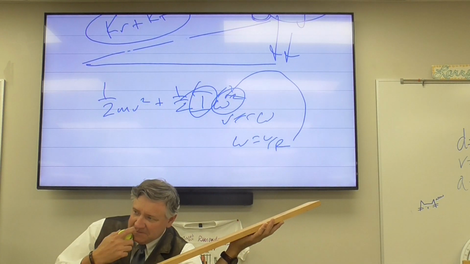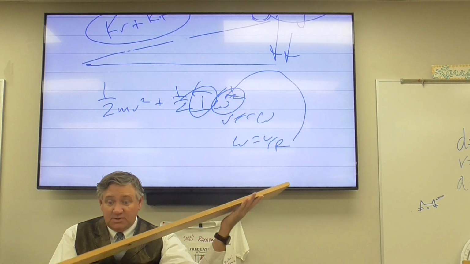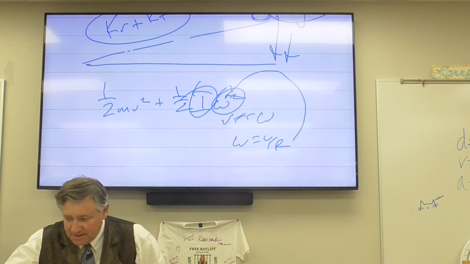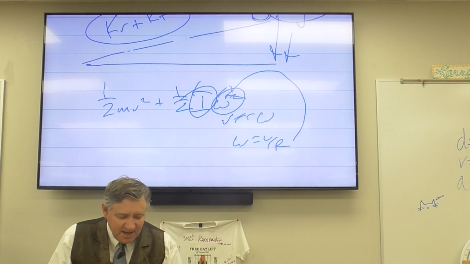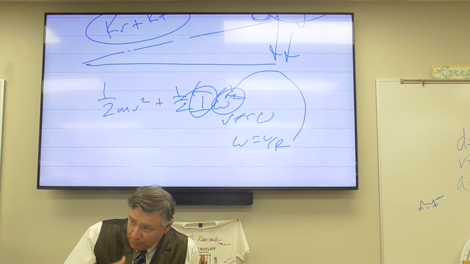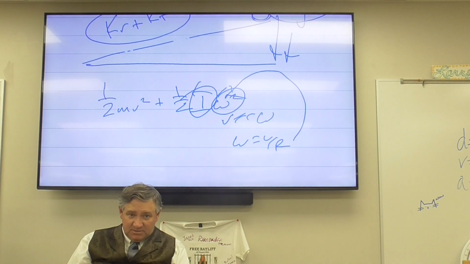So here's what you're going to do. You're going to measure whatever information you need to measure. And again, here's the idea: someone should be able to take your information and replicate your results.